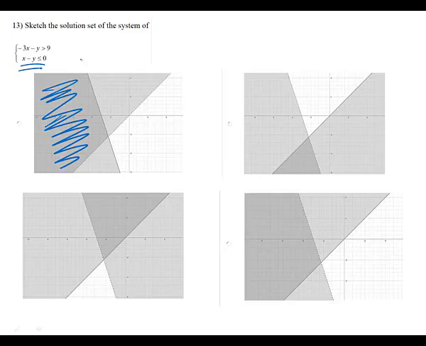So I need to figure out which line is which. Let's solve this line right here. So that's the line x less than or equal to y, isn't it? If I flipped that around, I keep the alligator open. Isn't that the line with a y-intercept of 0 and the slope up 1 over 1? So it's this line right in here, right?